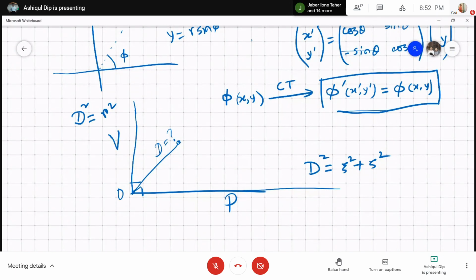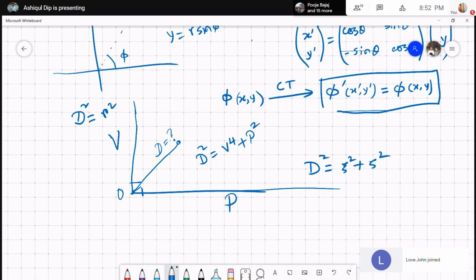A mathematician can obviously assign a formula, like say D square is V to the power 4 plus P squared. A mathematician could say that, but physically it doesn't mean anything. In physics, it has to satisfy the dimension. You can have a scaling factor over here, so you need to be a little more flexible about dimension. In a moment, we'll see why. Otherwise, GR would be a little complicated for you.